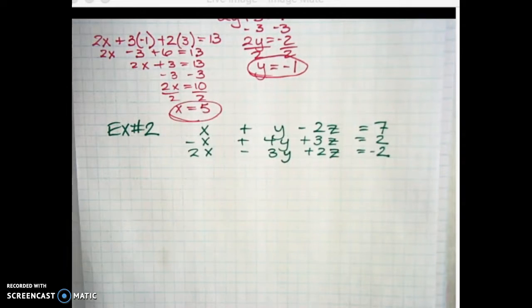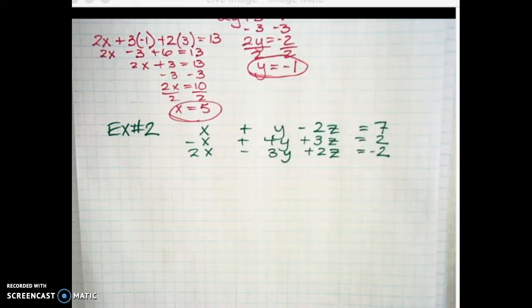All right, so think back to when you were doing this with 2 equations and 2 variables. One of the key things when they started to get a little bit harder was to stop and just look at all your coefficients, right? Look at all your coefficients in front of those variables and see, what would be easiest to work with?